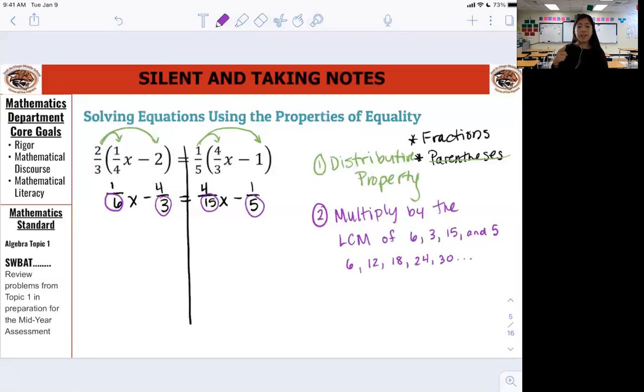If you already know what it is, then you can move on to the next step and start multiplying, okay? But let me go step by step for everybody else. Those are the multiples of 6. Then we've got the multiples of 3. We have 3, 6, 9, 12, 15, 18, 21, 24, 27, 30, and so on. What are the multiples of 15?